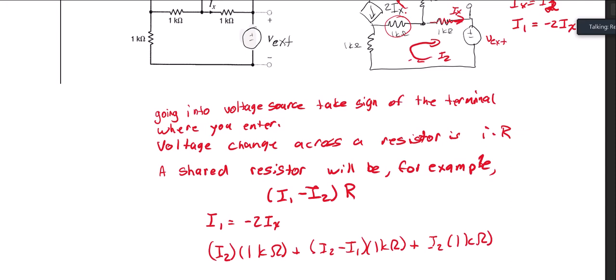And then I'm going into the positive terminal of my external voltage source there, so that's plus V external equals 0.